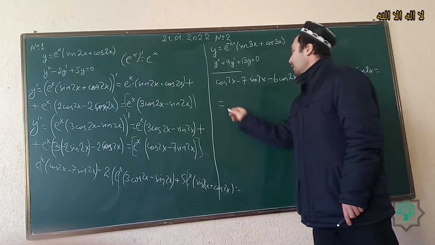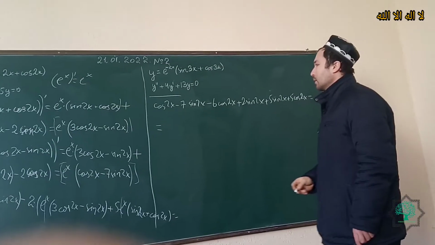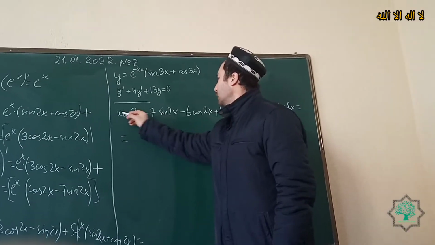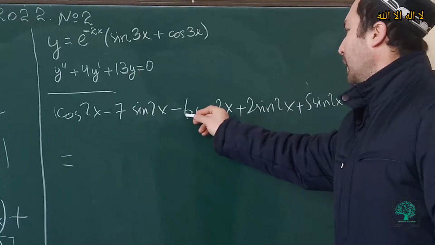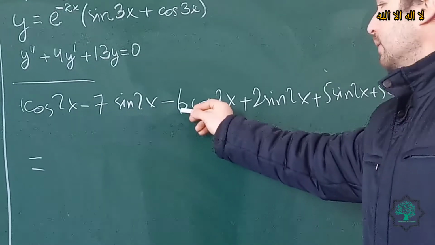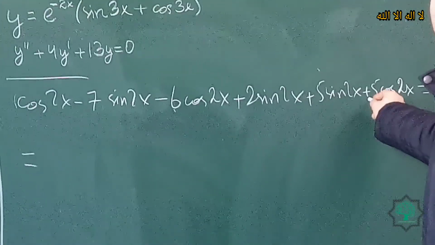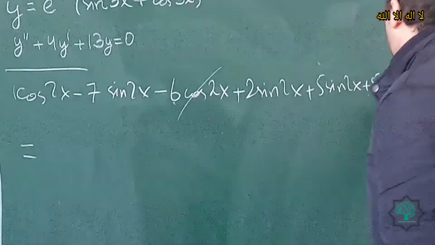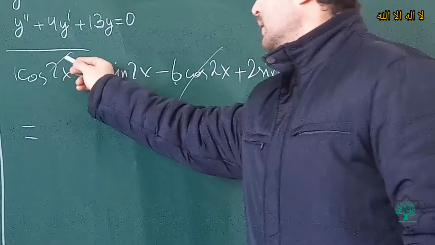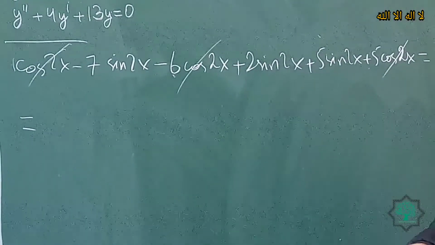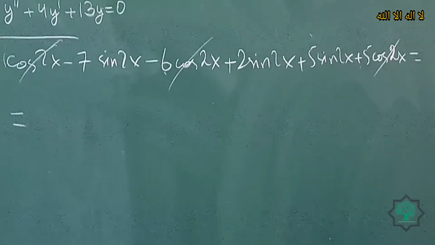Great. Now look please. Cosinus 2x: 1 and 1 minus 6, we have minus 5 and plus 5, so all this cosinus equals 0.